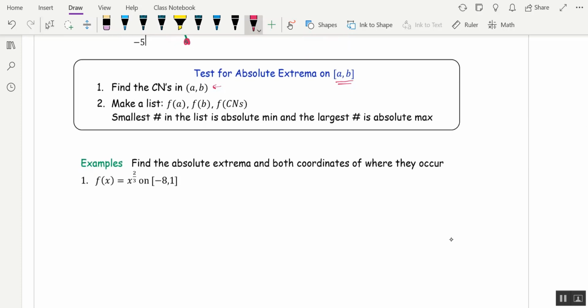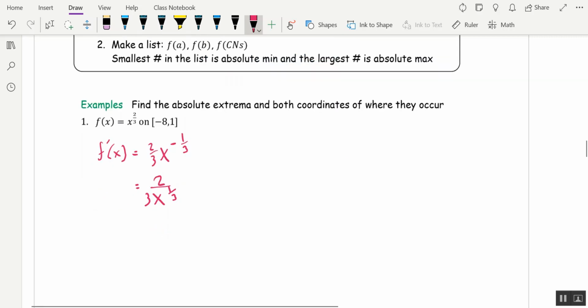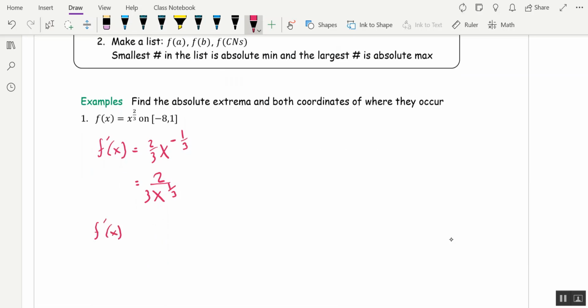So for this problem, first we look for critical numbers. f prime of x is 2/3 x to the -1/3, and that's 2 over 3x to the 1/3. So f prime of x equals 0 happens never. A fraction is 0 when the numerator is 0.